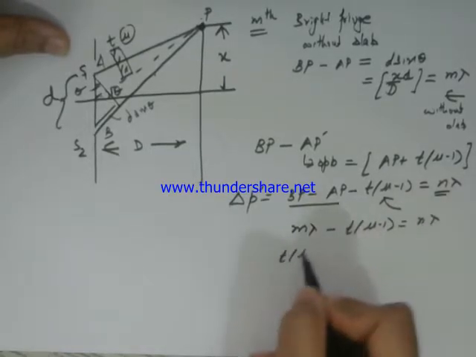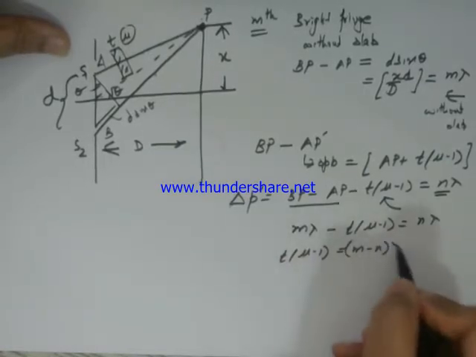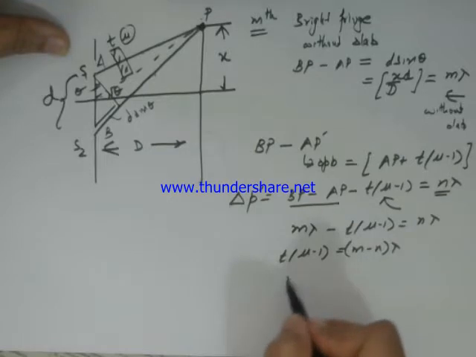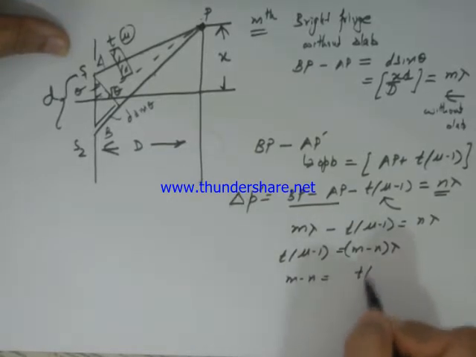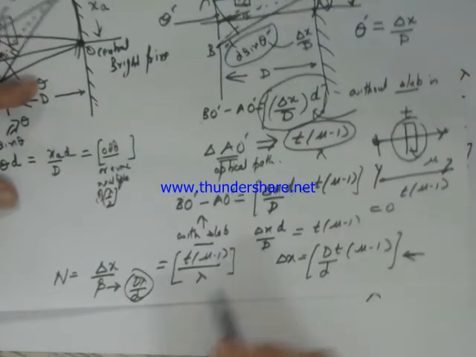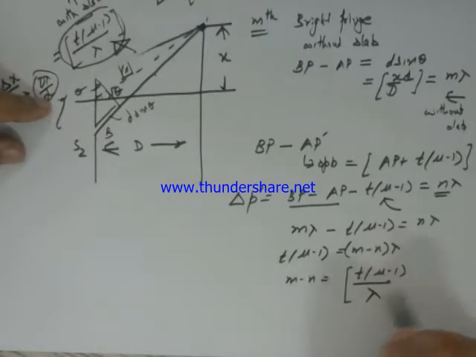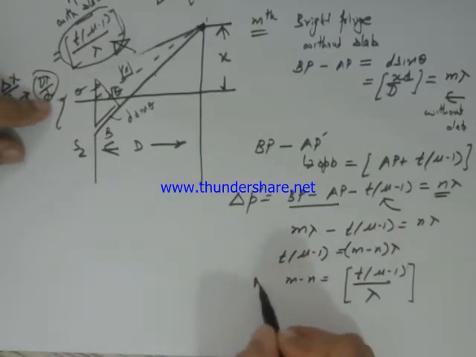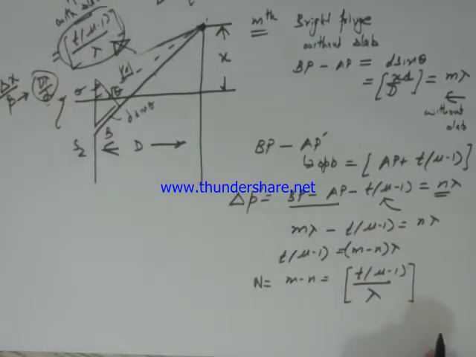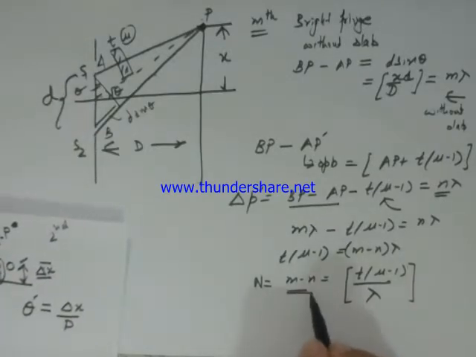So t into (μ minus 1) is equal to (m minus n) into λ, or m minus n is equal to t into (μ minus 1) upon λ, which is the same expression which we got here. The fringes which have shifted, t(μ minus 1) upon λ, same thing we are getting as the number of fringes which have shifted. So we can do it by this method too.